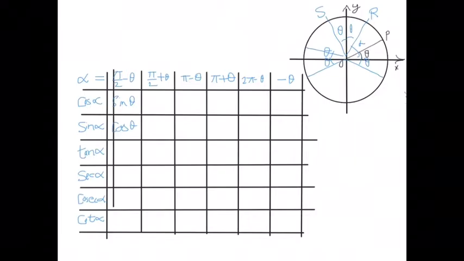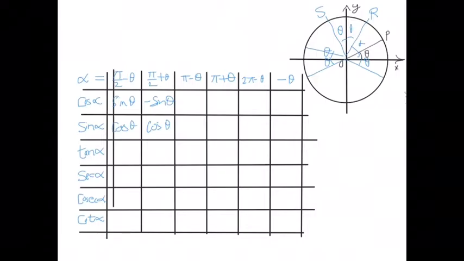Therefore, we can say that cos alpha is equal to minus sine theta. And sine alpha is the projection of line segment OS on the y-axis, something like this, which is positive. And in magnitude, it is equal to the projection of OP on the x-axis, which is cos theta, which is also positive. Therefore, we can write sine alpha as equal to cos theta in this case.